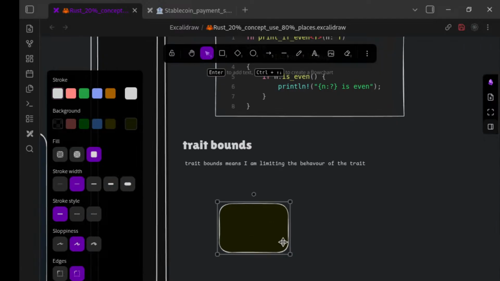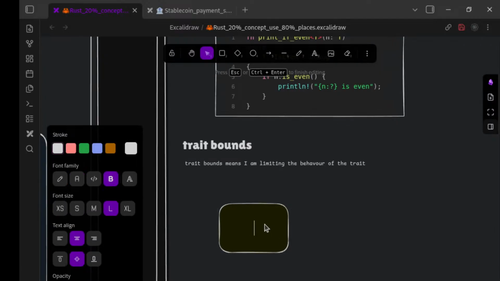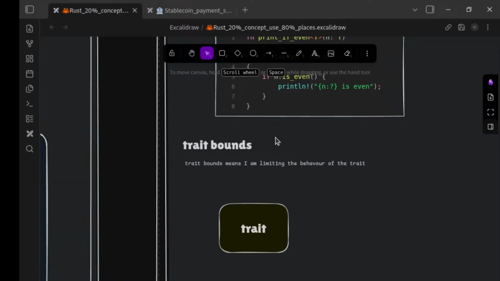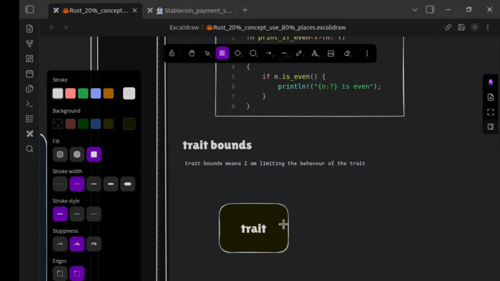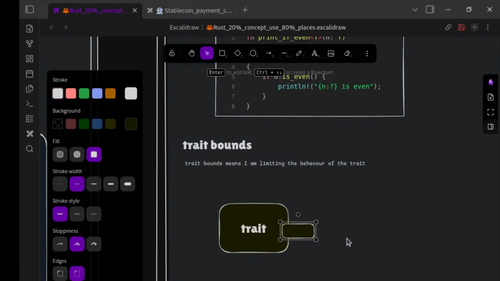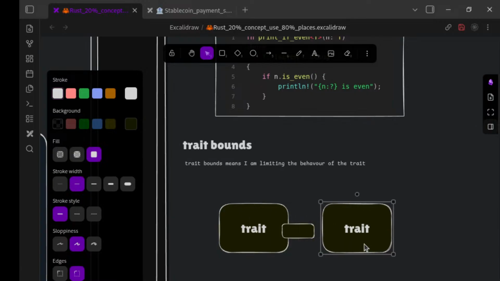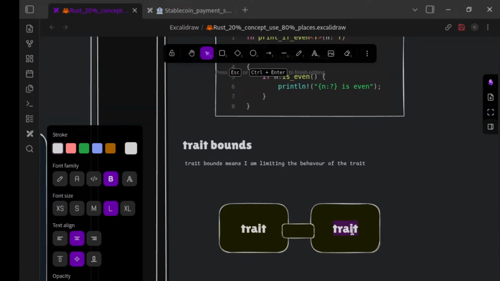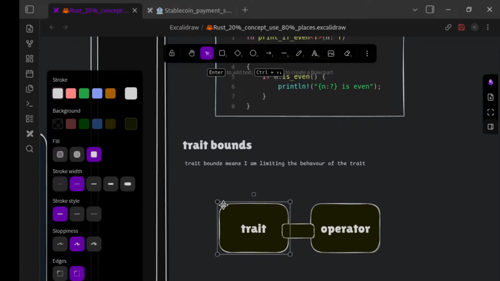Like this is a trait, and if we want to use this trait, then we need the operator, the PartialOrd operator trait.